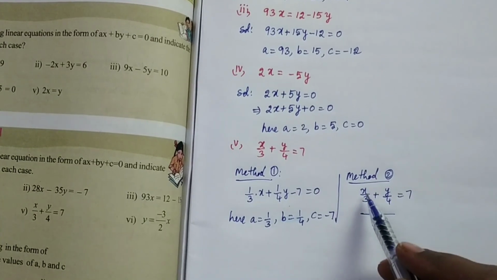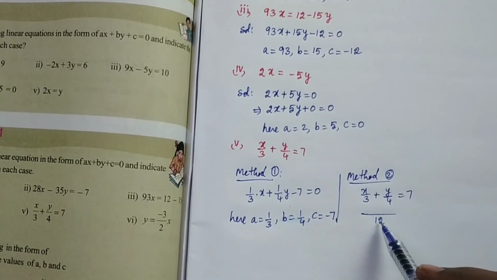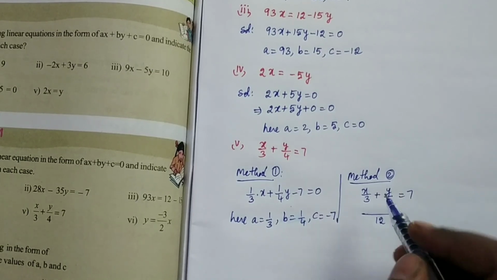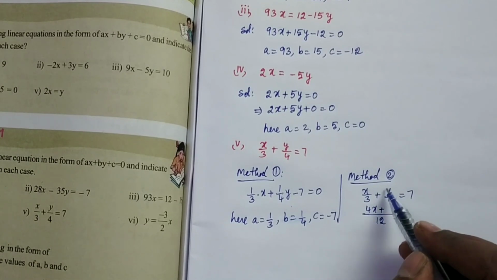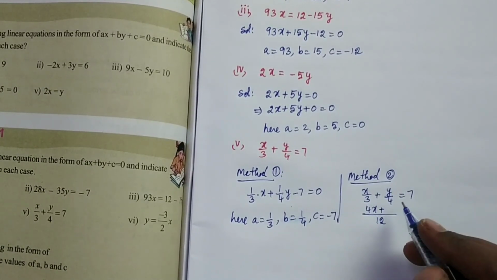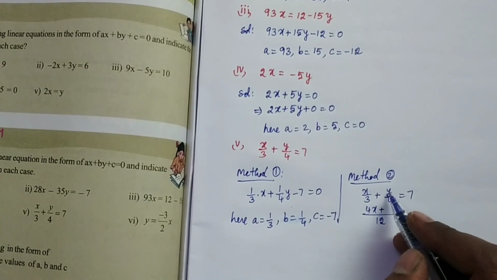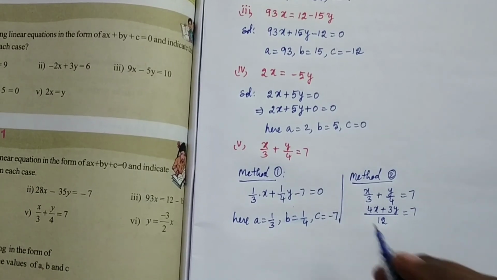In the first fraction, the denominator 3, in LCM 12, how many times does it cancel? 4 times. 4 into x, 4x, plus in the second fraction the denominator is 4. This 4 in LCM 12, 3 times will cancel. 3 into numerator y, that is 3y, is equal to 7.